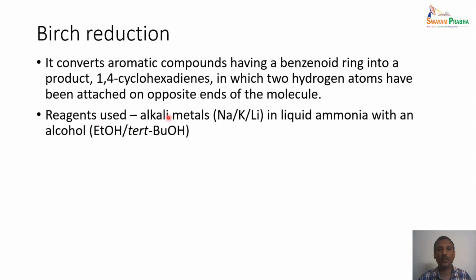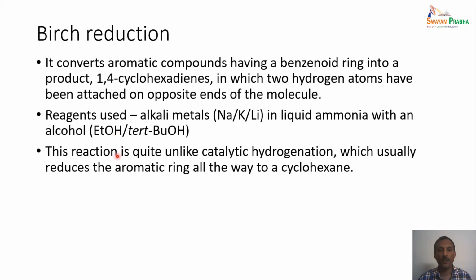The reagent used, as I mentioned, is basically alkali metals, sodium, potassium, lithium in liquid ammonia, with an alcohol, ethanol or tertiary butanol, as the protic source for the reaction. Unlike catalytic hydrogenation, where the entire aromatic ring is completely reduced, in Birch reduction the ring is only partially reduced.